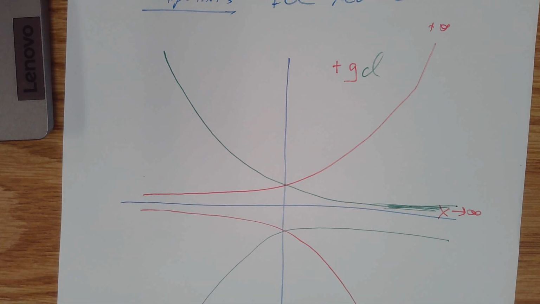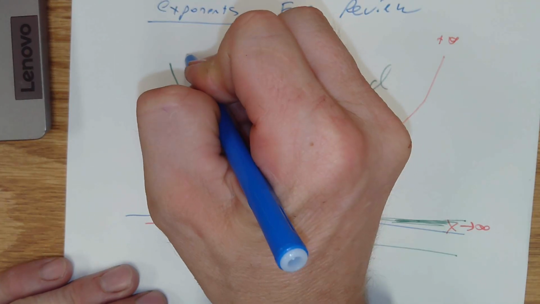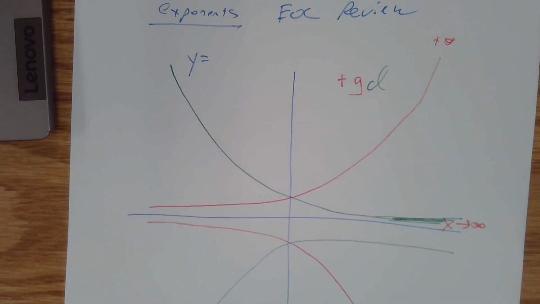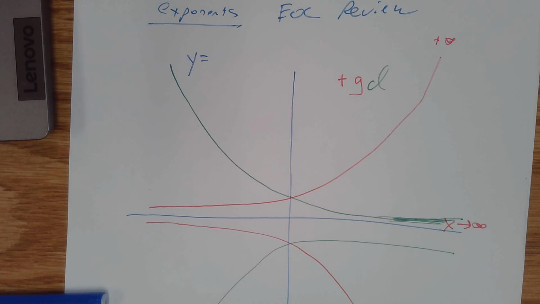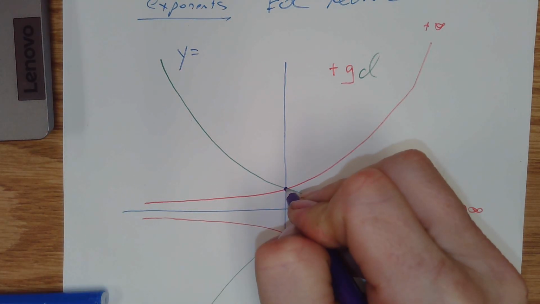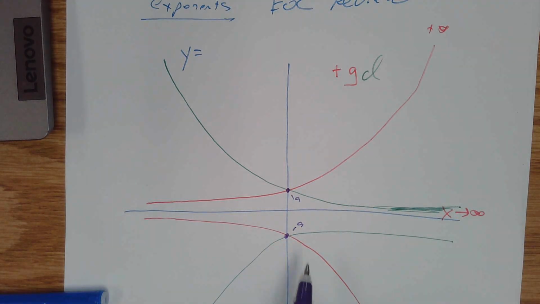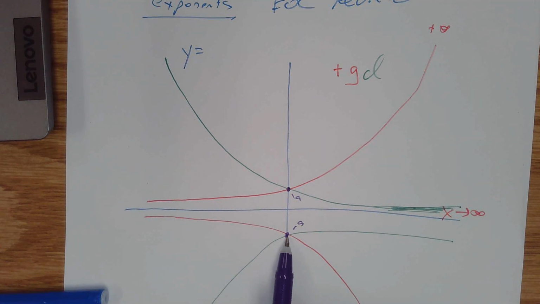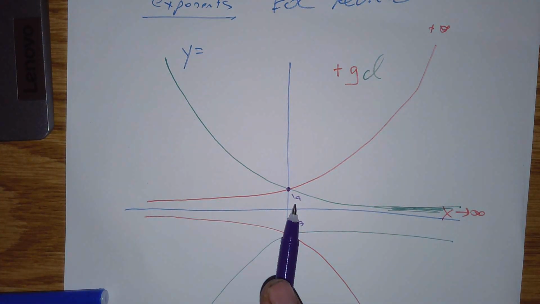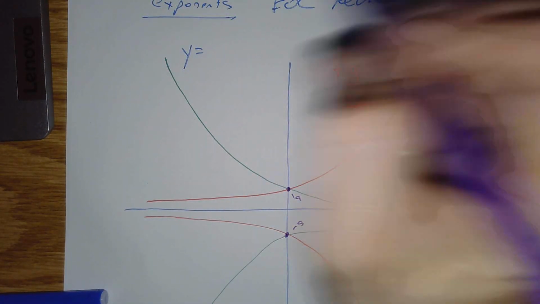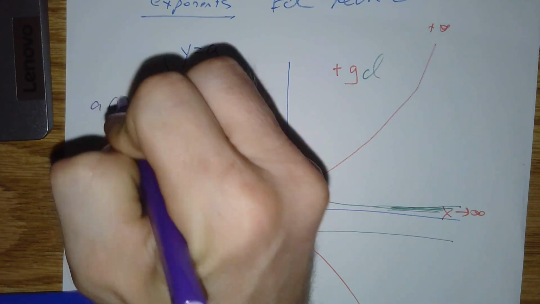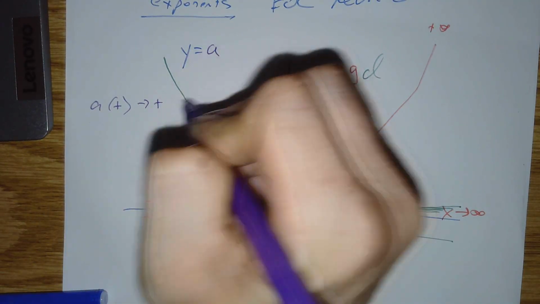My function is y equals, and the easiest point to remember is your a, which is right here and right here. If a is positive, it's a positive function.